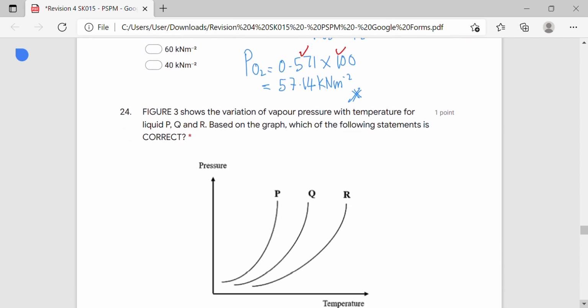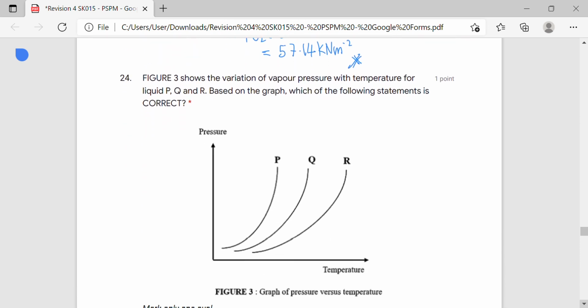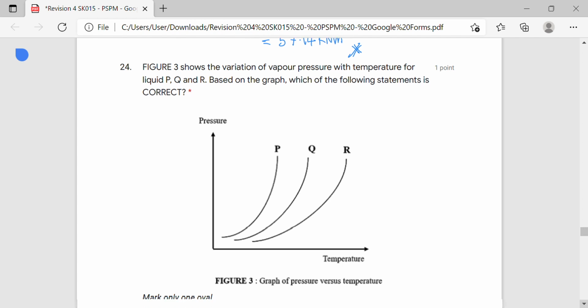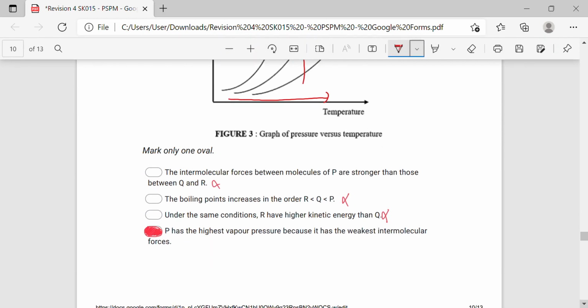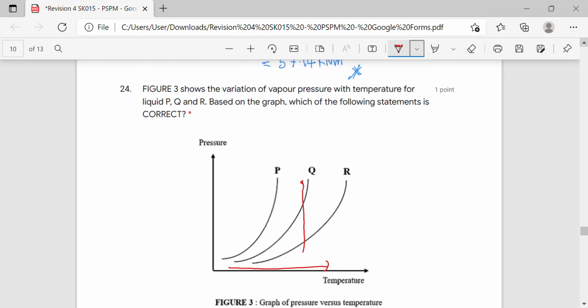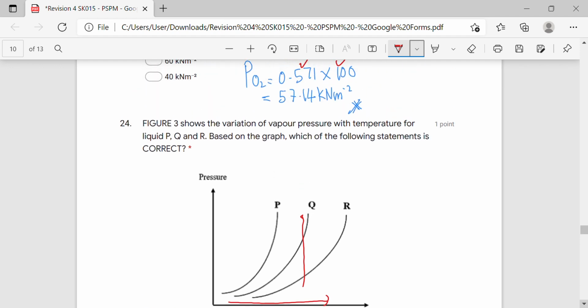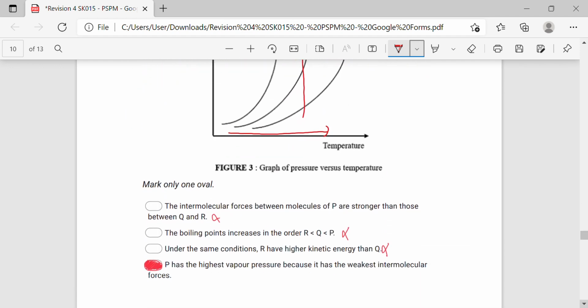Figure 3 shows the variation of vapor pressure for liquids P, Q, R. We see that as temperature increases, pressure increases. Choose the correct statement based on this graph.